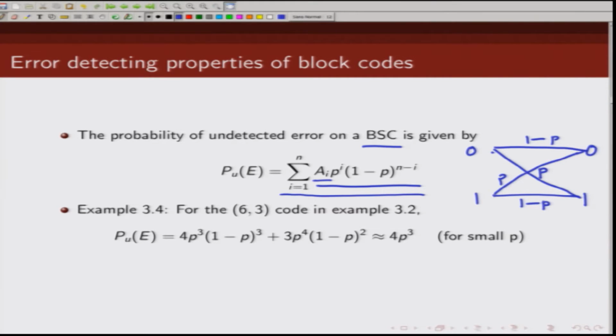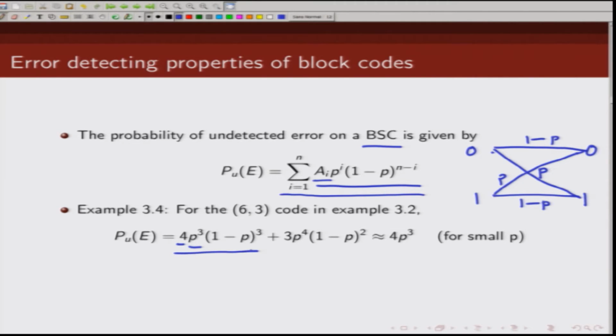So, for the example that I have considered, I know the weight distribution. If I plug that in here, there were 4 code words with weight 3. So, this is 4 p raised to power 3, and what was n? n is 6. So, n minus i, which is 3 in this case, is 3. So, that is the first term.